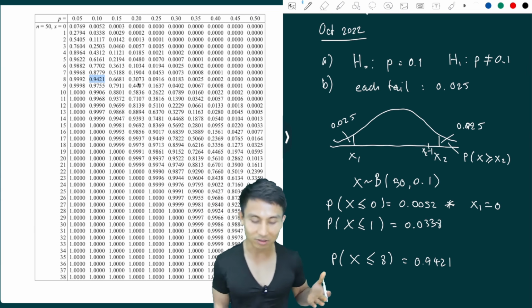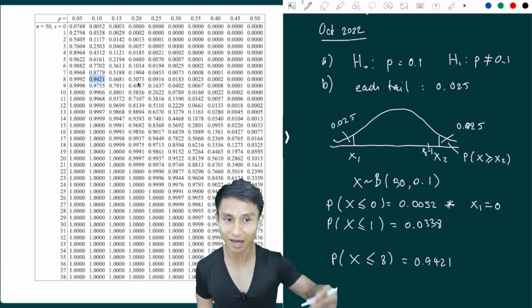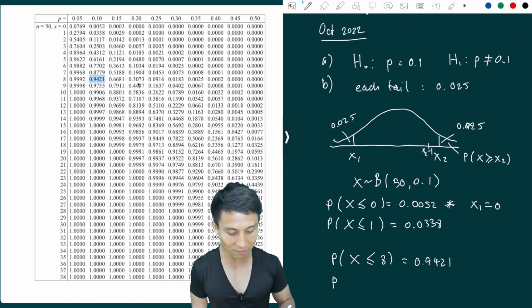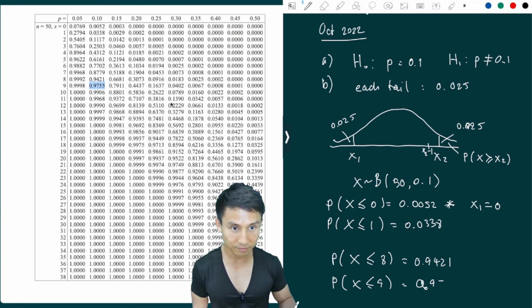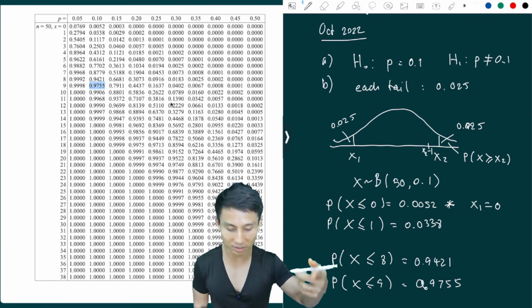That's not quite the one we want yet, because it's not 0.975 yet. And if you go one more, it's going to give you 0.9755. So that is already in the critical region.